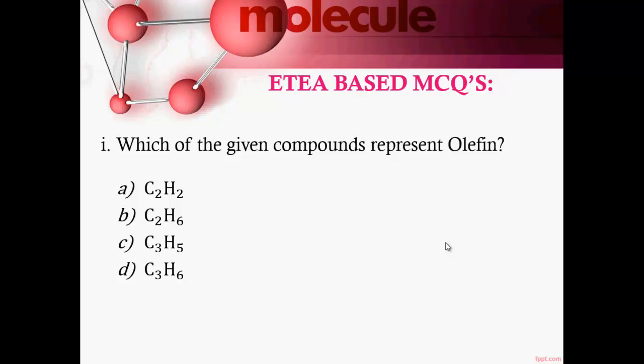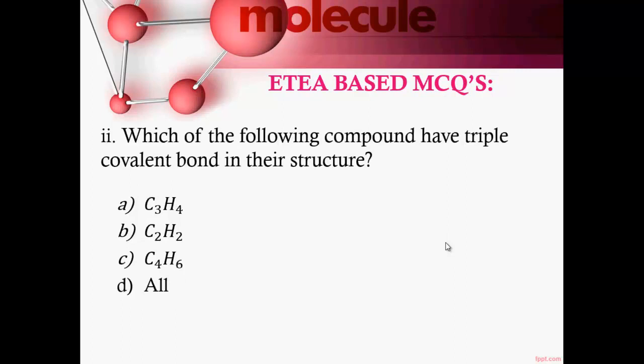MCQ number 1. Which one of the given compounds represents an olefin? Option A C2H2, option B C2H6, option C C3H5, option D C3H6. Number 2. Which one of the following compounds has triple covalent bonds in its structure? Option A C3H4, option B C2H2, option C C4H6, option D all of these.